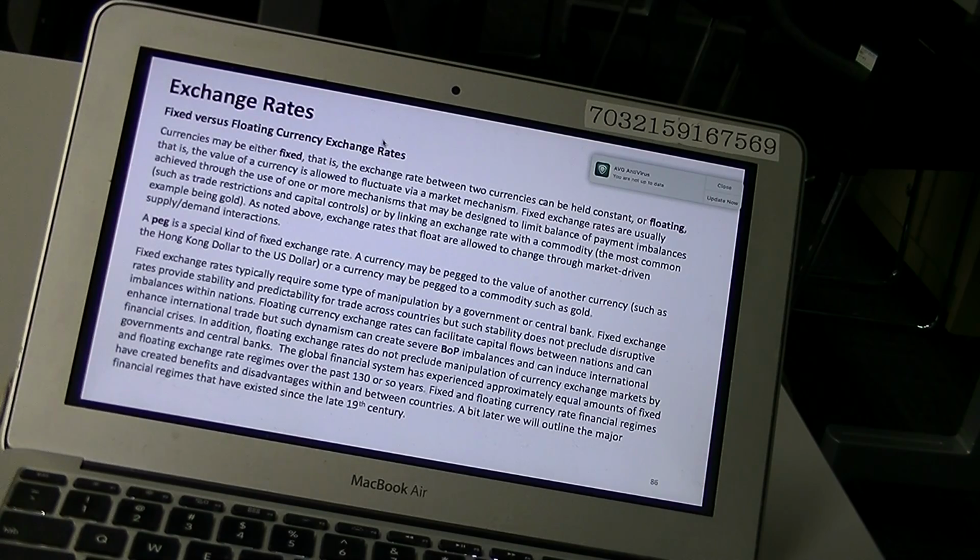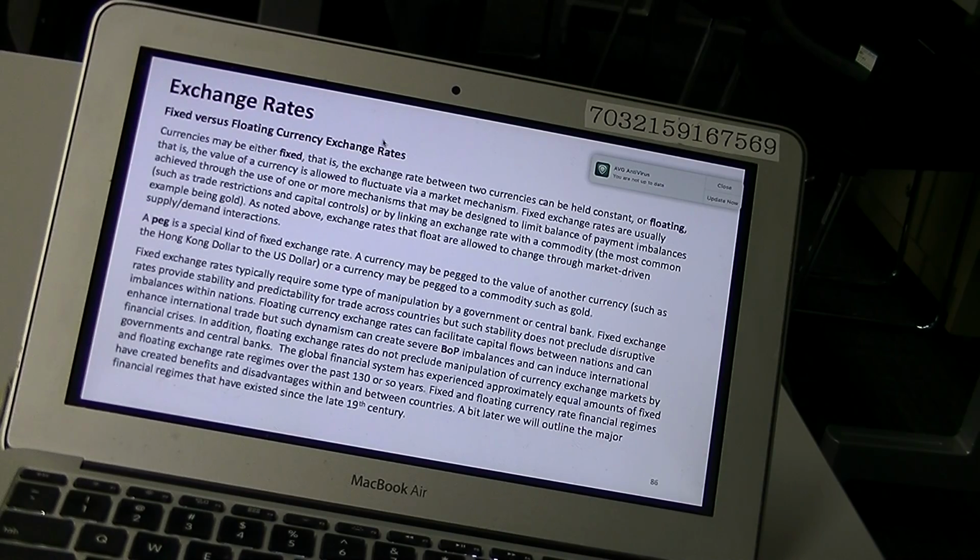That affects the demand for the two currencies. So if you have an imbalance and you have a fixed exchange rate, you have to do something to make the balance even, or else the fixed exchange rate becomes artificial.